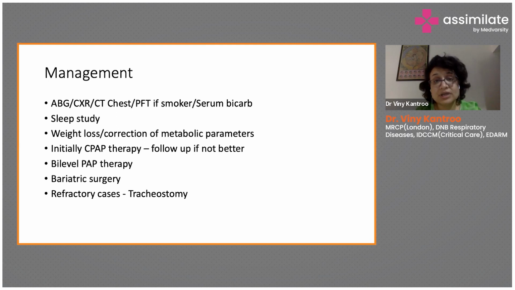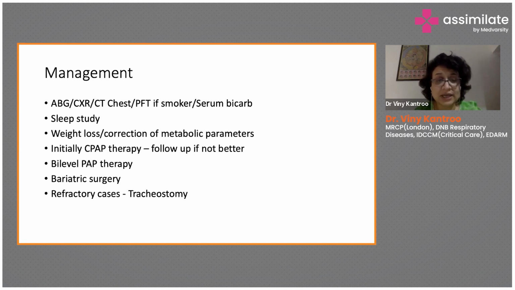CT chest, if your chest X-ray is showing some kind of infiltrate, you're not able to find out what is going on there, you can get a CT chest done. PFT, especially if your patient has been a smoker, to rule out any obstructive airway causes, and serum bicarb, as I already told you. Sleep study needs to be done for titration of PAP therapy, which is positive airway pressure, and seeing the severity of OSA in these patients.